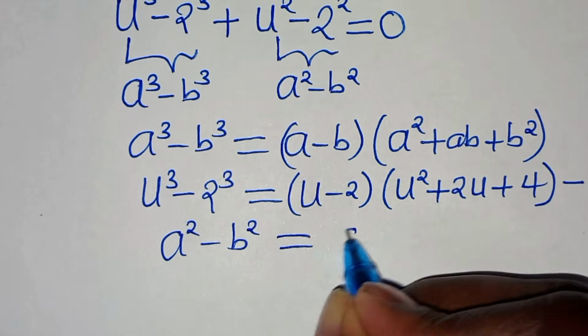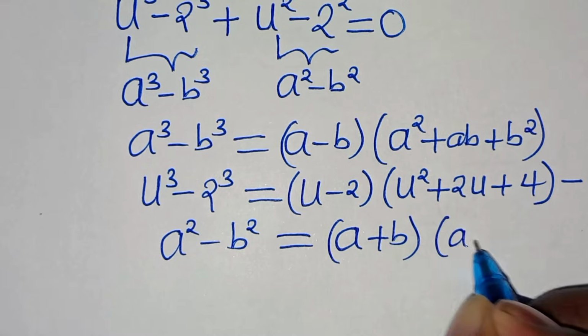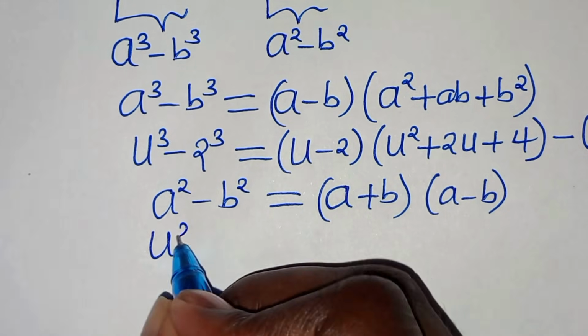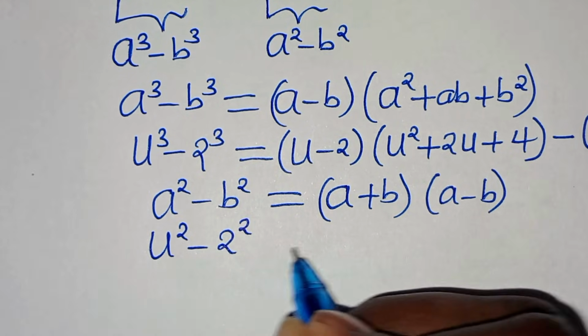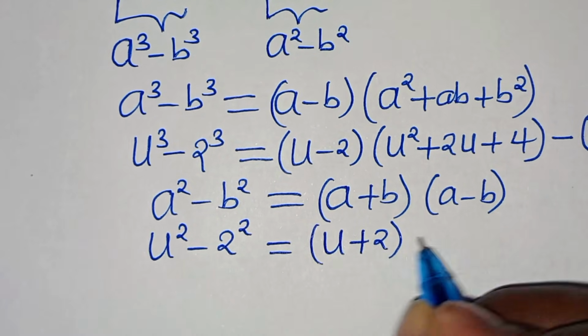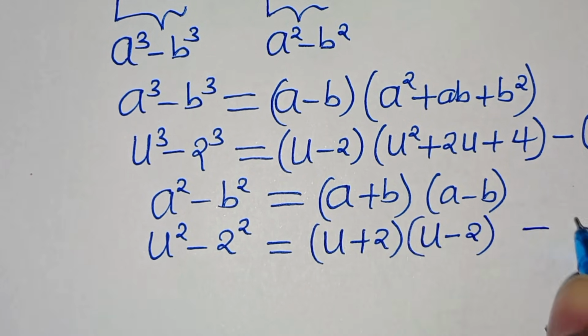This can be expressed as a plus b multiplied by a minus b. So we have that u squared minus 2 squared can be expressed as u plus 2, multiplied by u minus 2. Let's call this case 2.